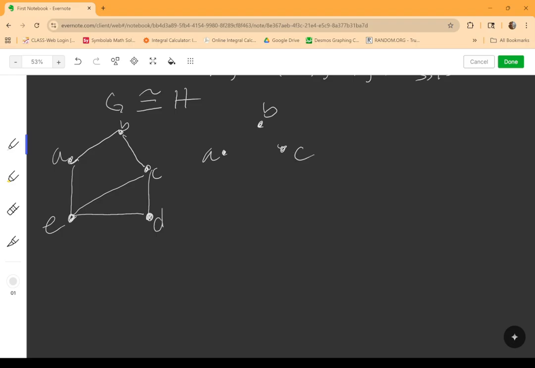Let's say we have a graph that consists of A, B, C, D, and E. And then our next graph would be defined by similarly A, B, C, D, and E.